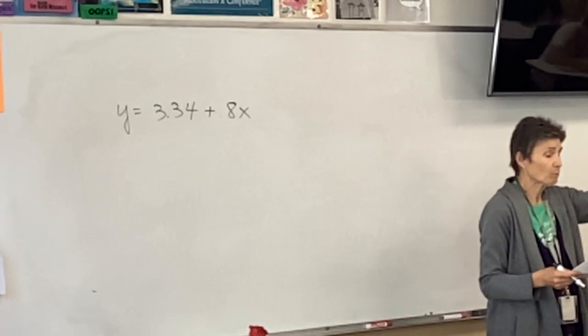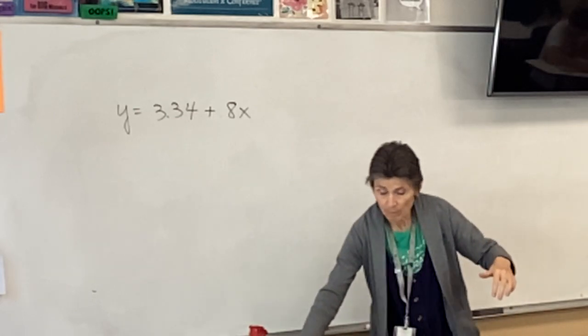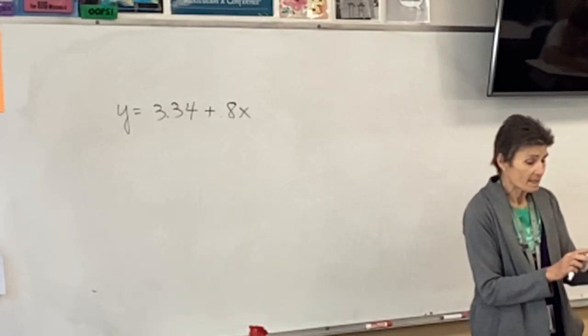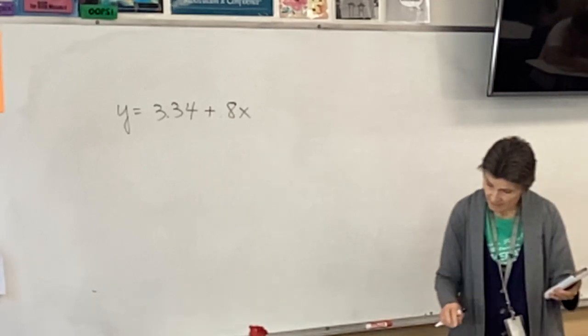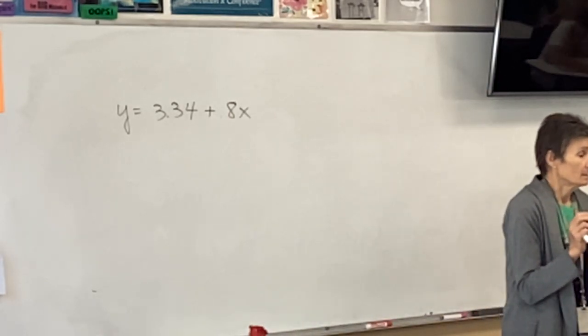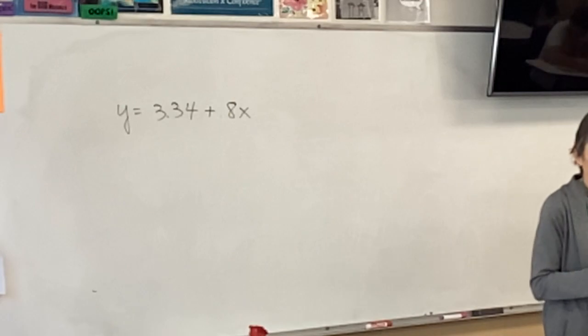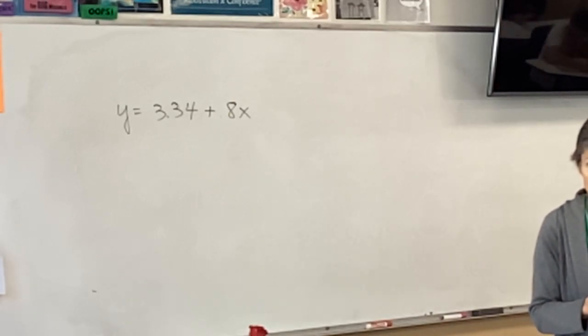So I want you to practice letting your calculator plug it in. So remember, all you need to do is get your y variable, and then put parentheses, whatever number it is, 2.5. I know you can get it by plugging it in, but I want you to practice this on your calculator.